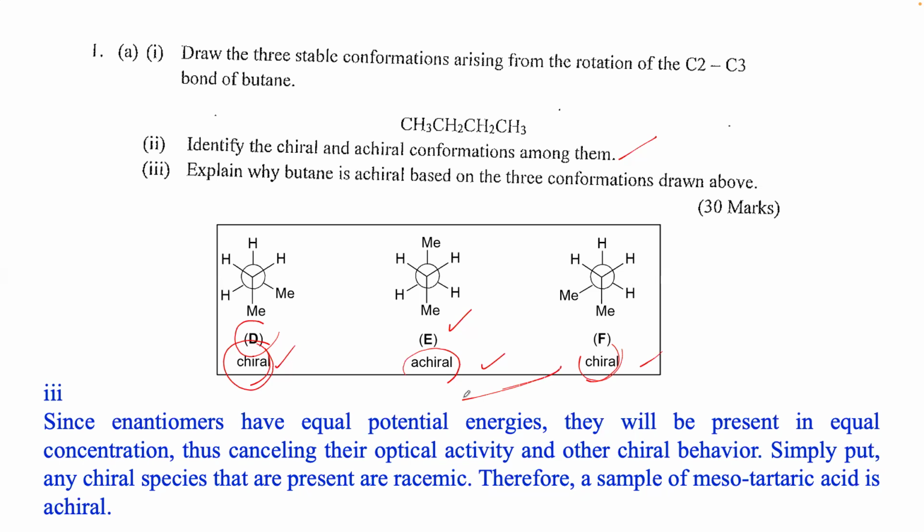These two are in a racemic mixture, and that's why butane is achiral. Although you have the chiral conformations, they are in the same concentrations because of the same potential energies. They actually exist as a racemic mixture. So therefore, overall butane is achiral.